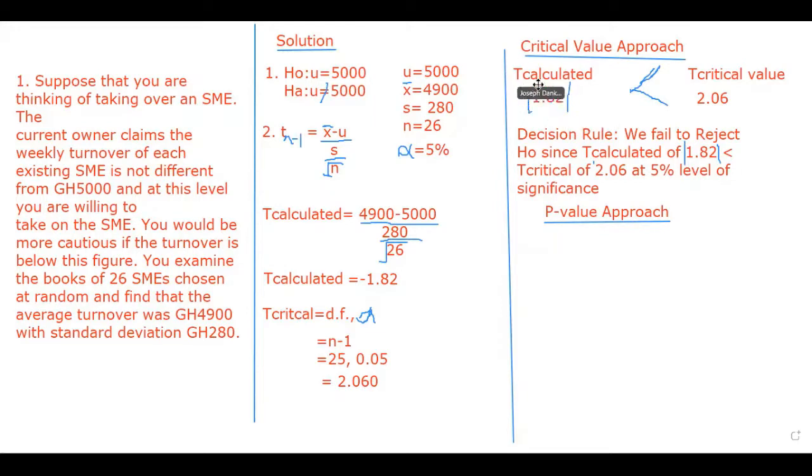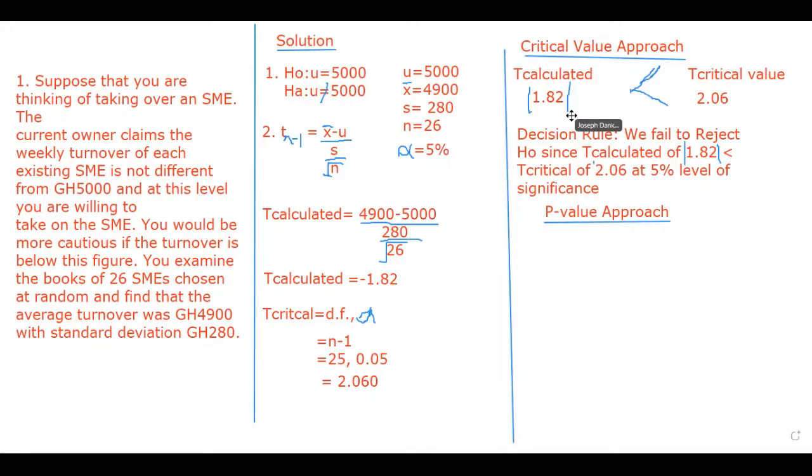So whatever you get as your computed value, you find the probability of that value on the table. On this table, you might not get the exact figure, this 1.82. So you find the nearest number, the number which is closer to this 1.82.